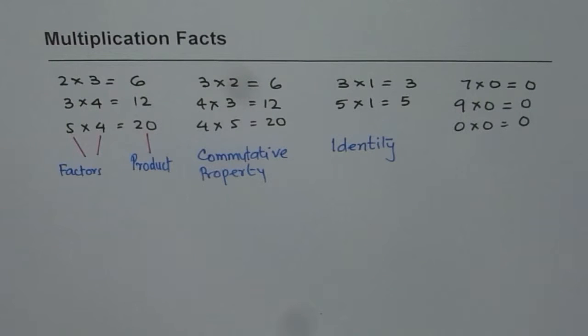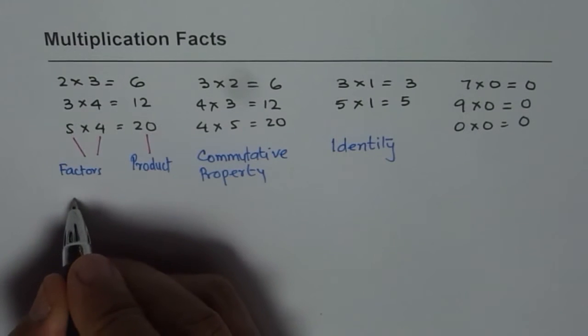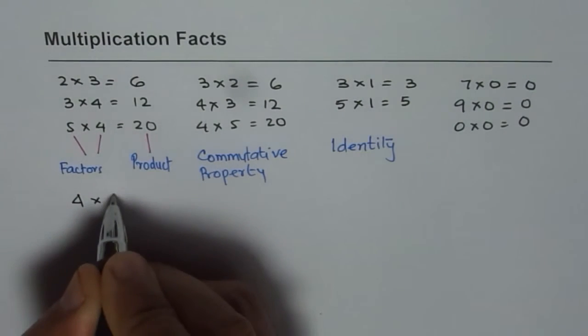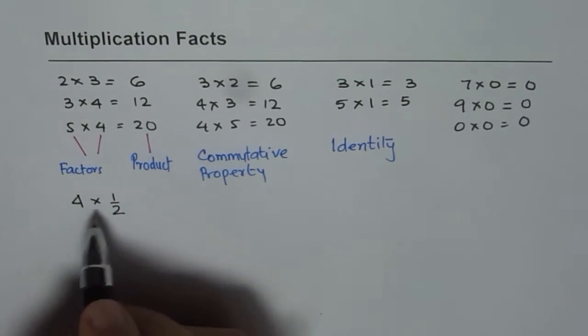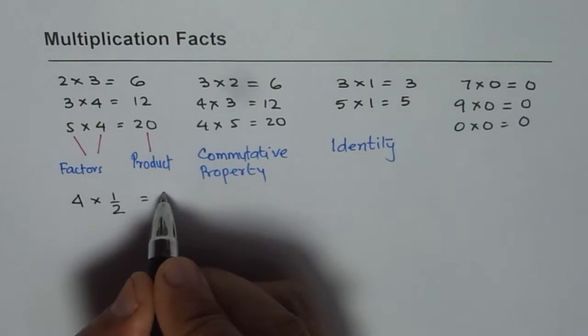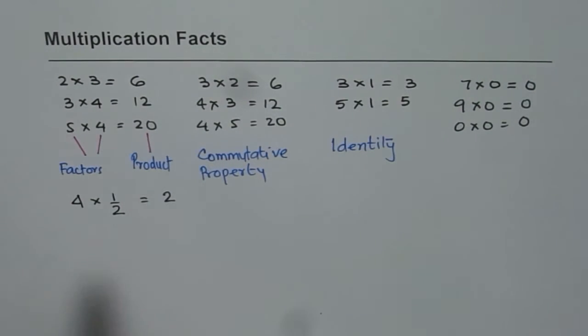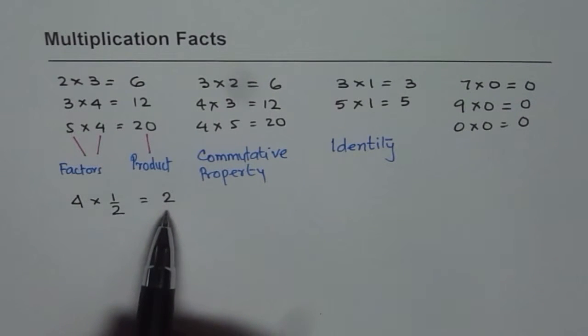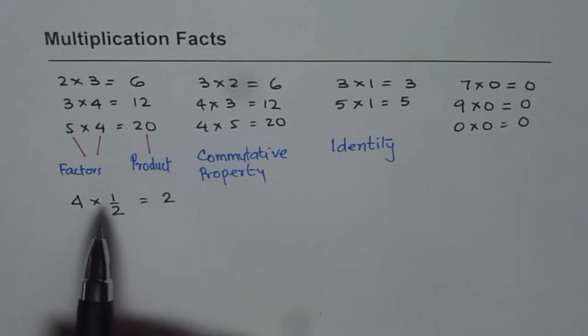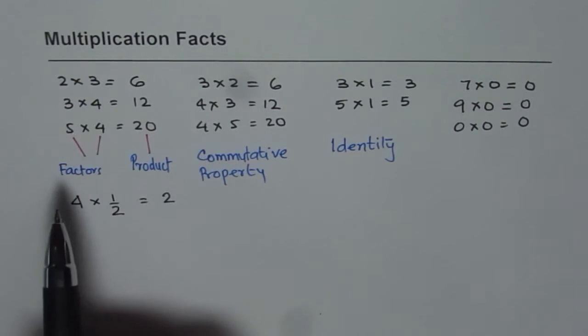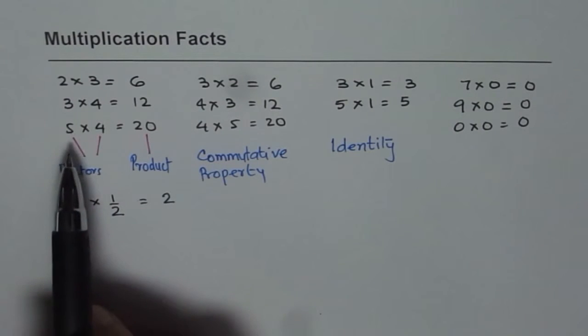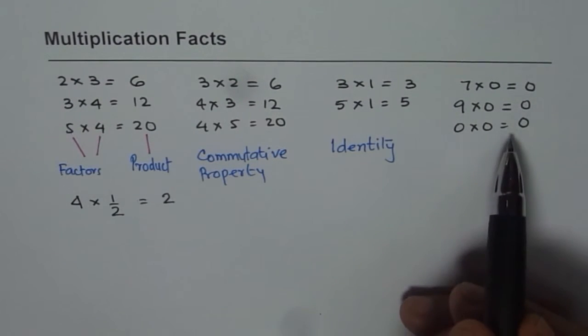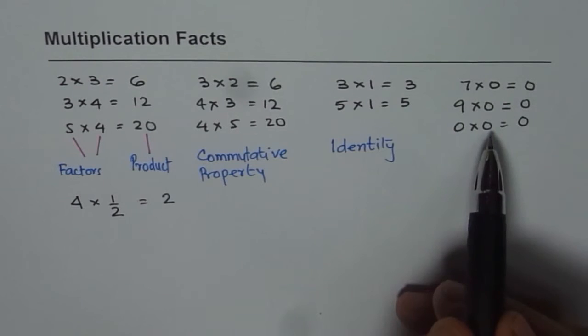Now we are not considering multiplying by fractions. For example, if I do half of 4, that is also multiplication, and in that case I get 2. So sometimes when you multiply by fractions, you may get a lower number. Remember that. So when you multiply whole numbers, multiplying by 0 gives 0.